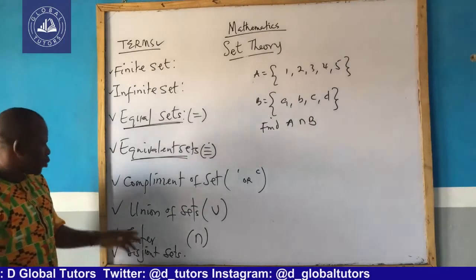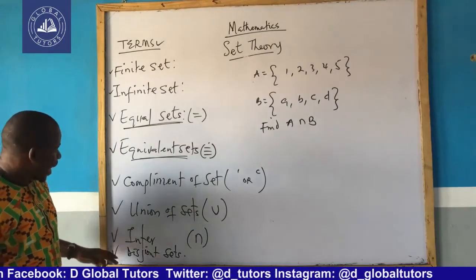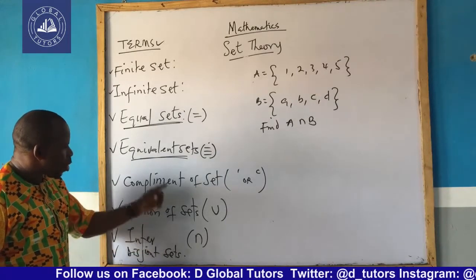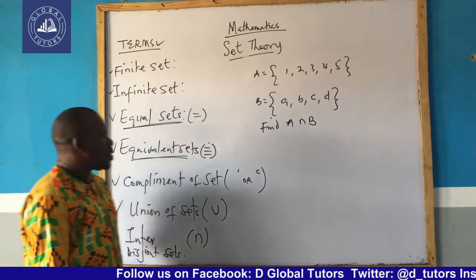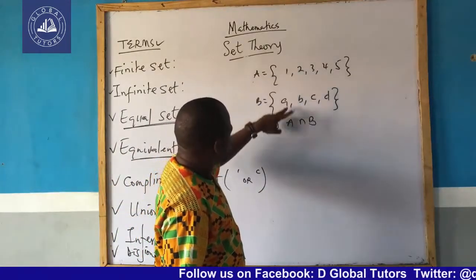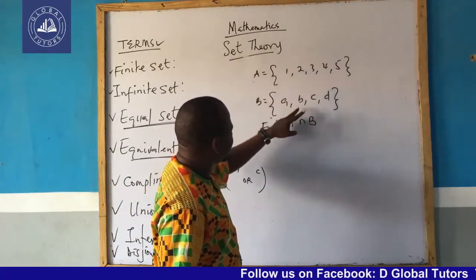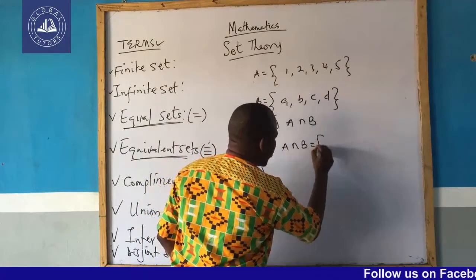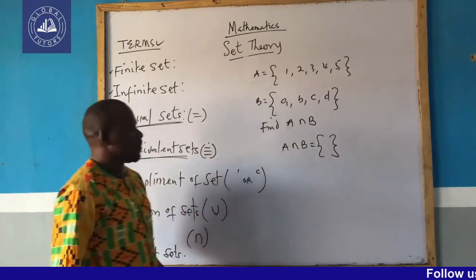Back to the terms, rather. Intersection means you list the elements common to the sets in question. So I'll come here. There are no elements common to these. So it means that A intersection B is an empty set.